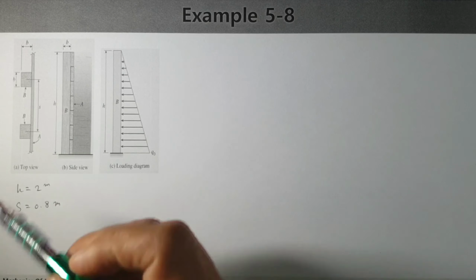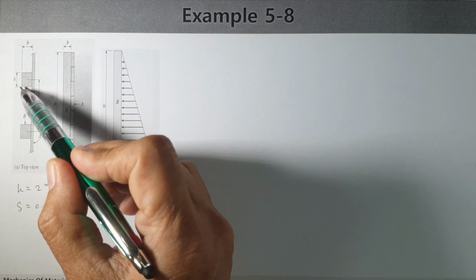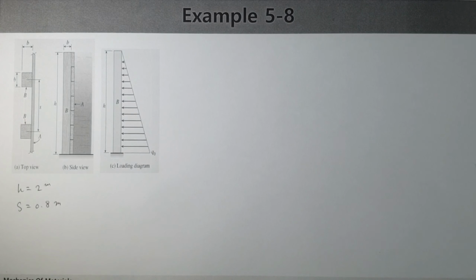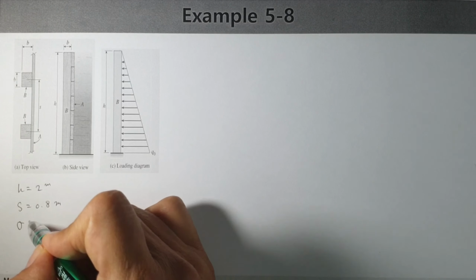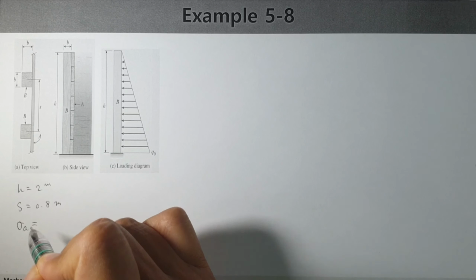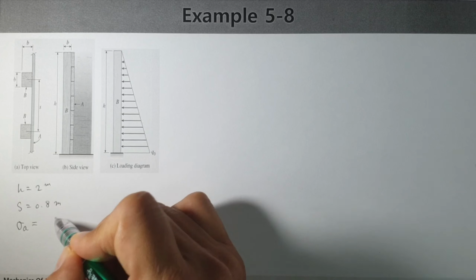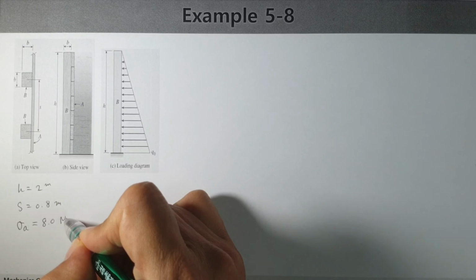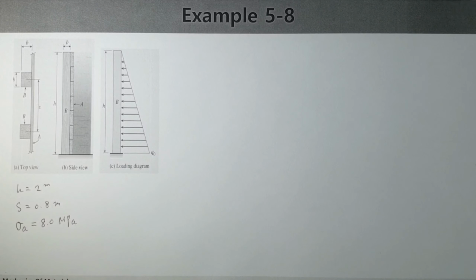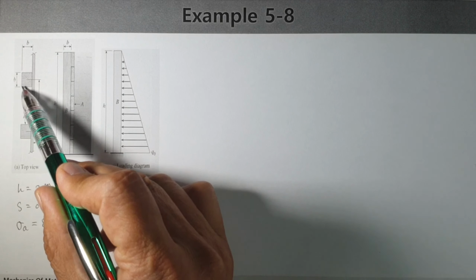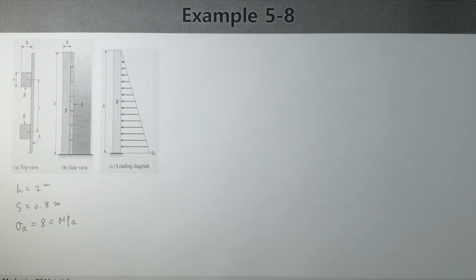The cross section is B by B. And of course, the allowable bending stress is given as 8.0 megapascal. In this case, we would like to find the size of the post, the size of the cross section.